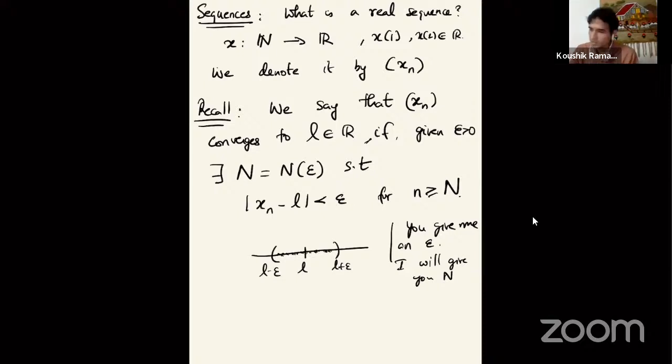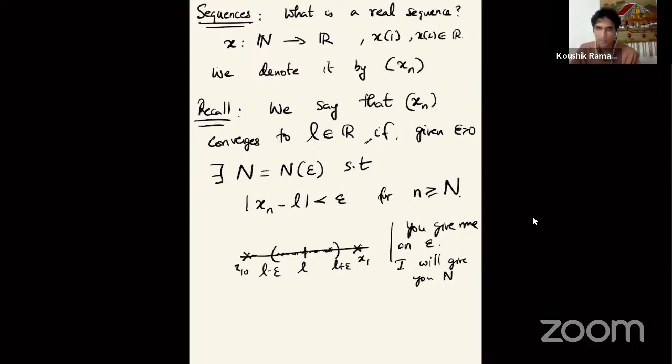That means in particular there are only finitely many x_i's which lie outside this interval. Maybe this is x_1, maybe this is x_10, whatever, but eventually all of the other ones lie in the interval from L minus epsilon to L plus epsilon.